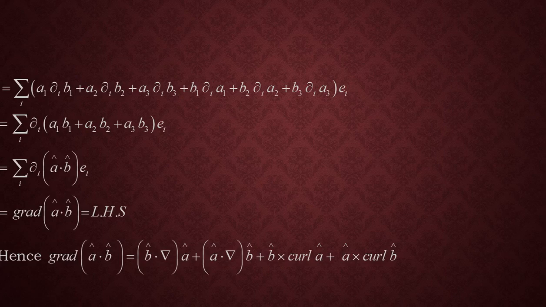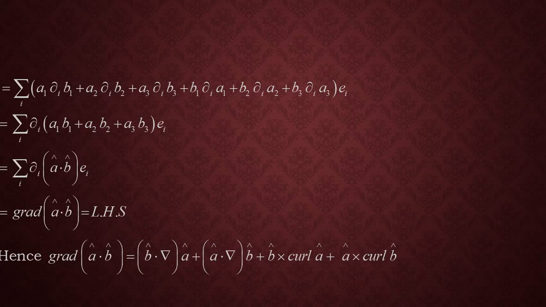Now, the RHS equals summation over i of A1 doi B1 plus A2 doi B2 plus A3 doi B3 plus B1 doi A1 plus B2 doi A2 plus B3 doi A3, times Ei.